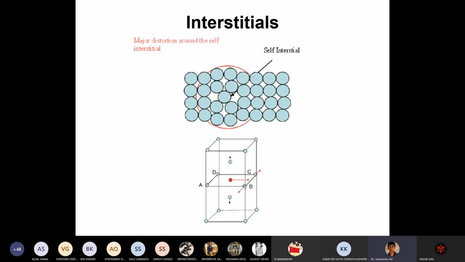So in understanding the vacancy, when an atom or component of the crystalline solid is missing from a regular lattice point, it is called a vacancy. Now we come to another concept of zero-dimensional defects or point defects. When host atoms are located at the interstitial position instead of regular lattice positions, these are called self-interstitials.